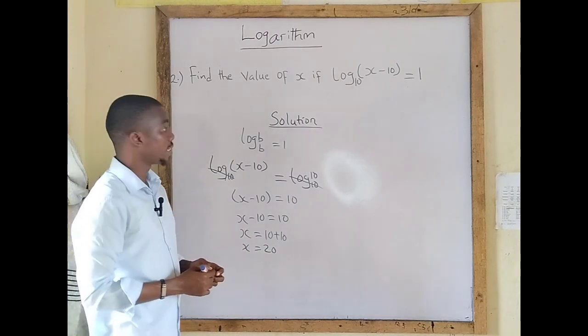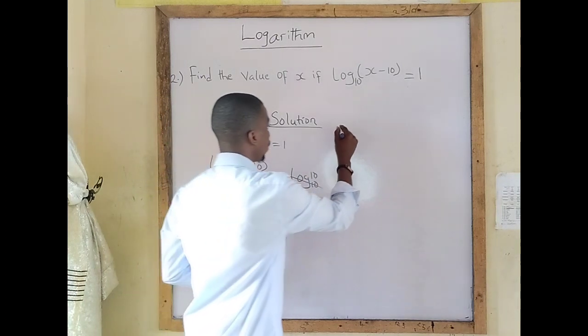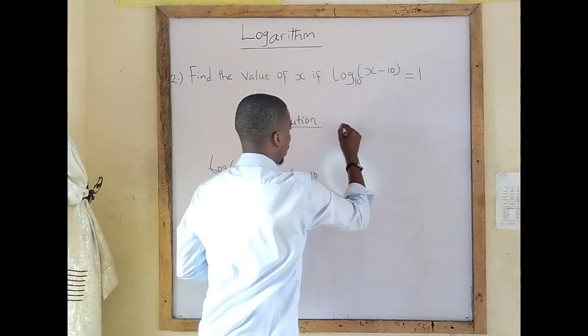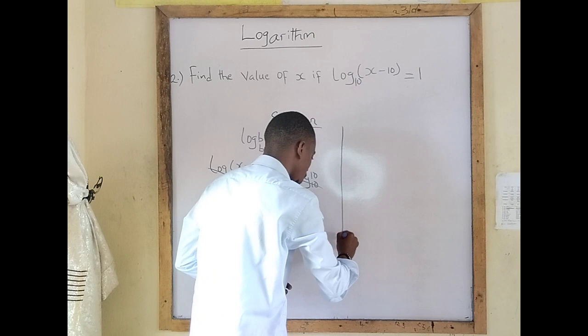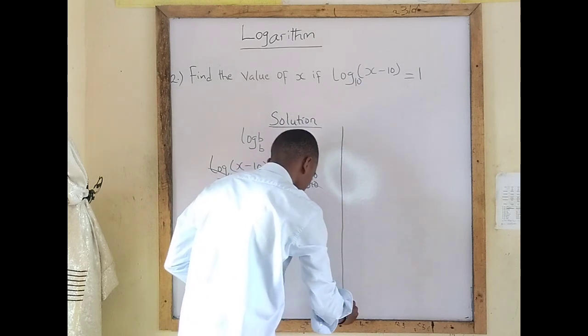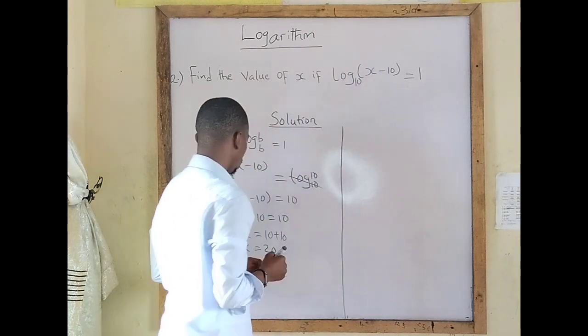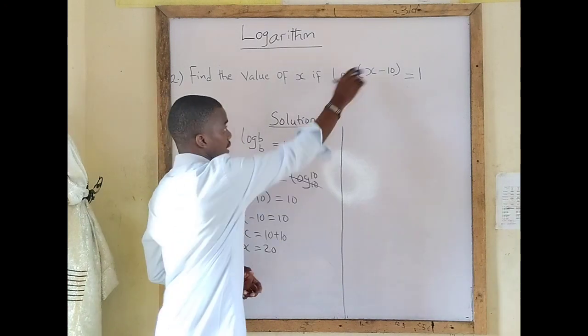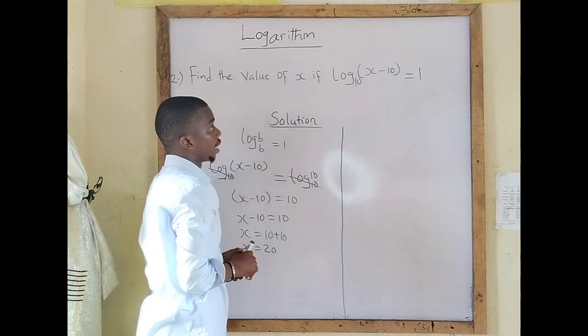But then let's check if the value of x we have here is actually correct. Now let's substitute 20 for x in this expression.